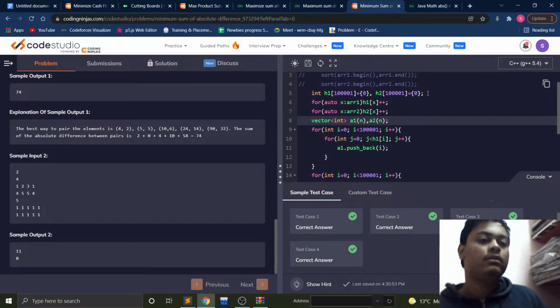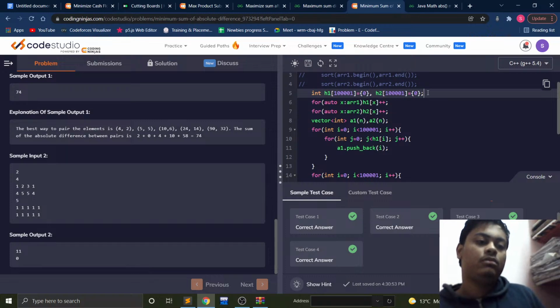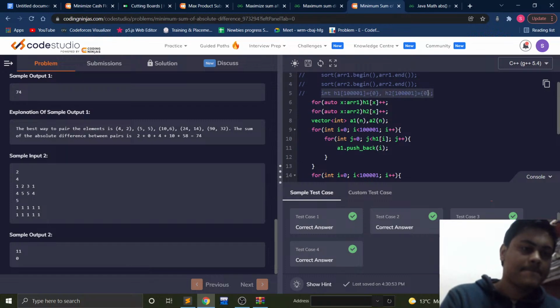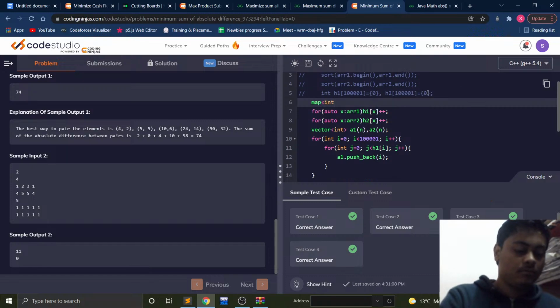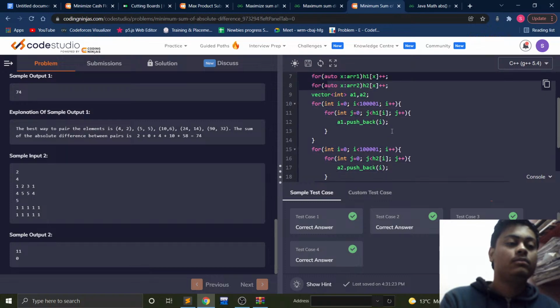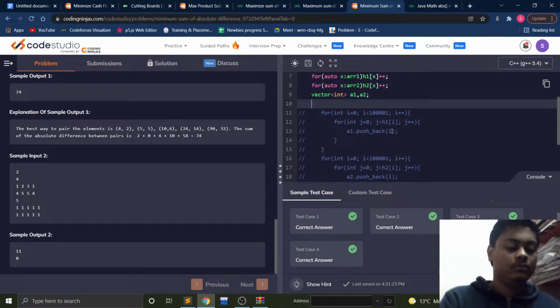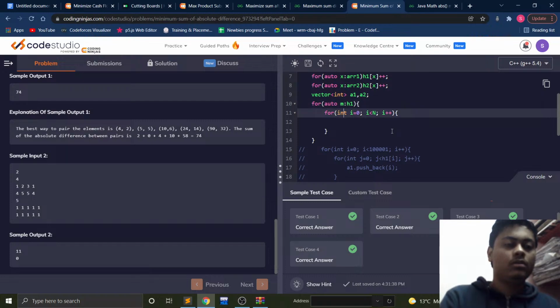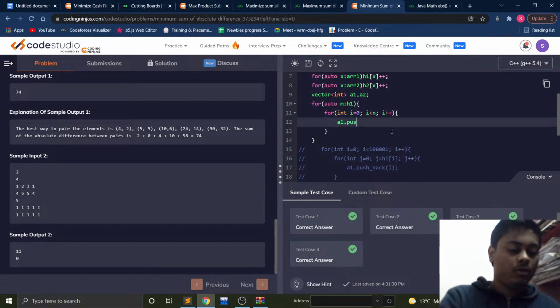So if I try to make this a hash map, H1 H2, fine, then it won't be like this, it will be H1 and A1 dot pushback.